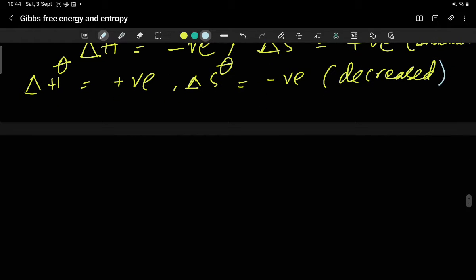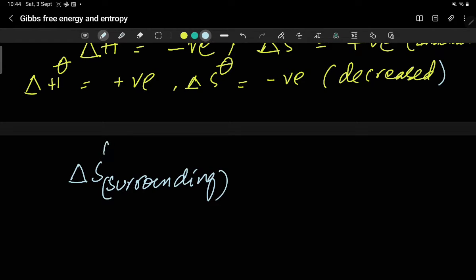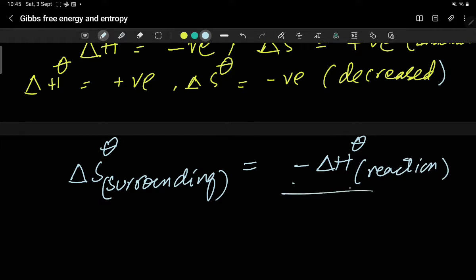So we know that delta S surrounding is equal to minus delta H of reaction divided by temperature.